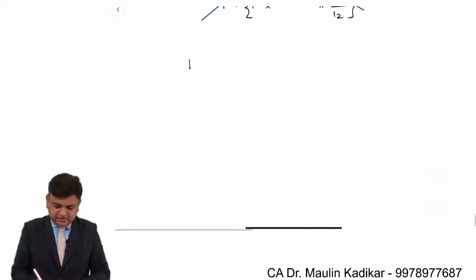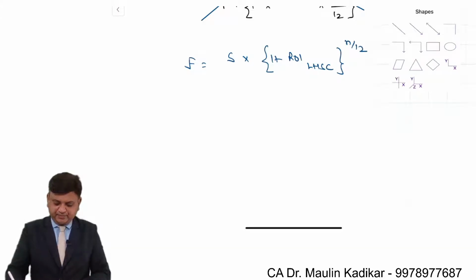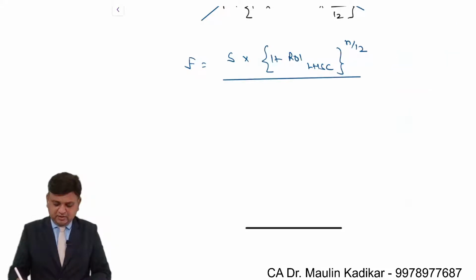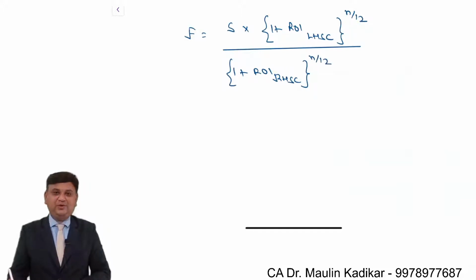That is, forward is equal to spot into 1 plus rate of interest for left hand side currency whole raised to n divided by 12, divided by 1 plus rate of interest for right hand side currency whole raised to again n divided by 12. That is what we have to do.